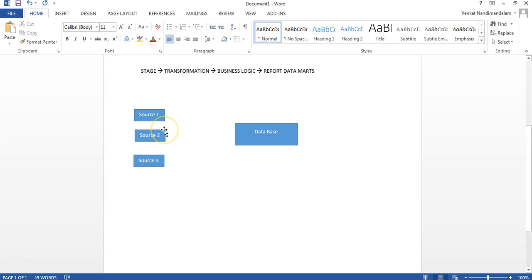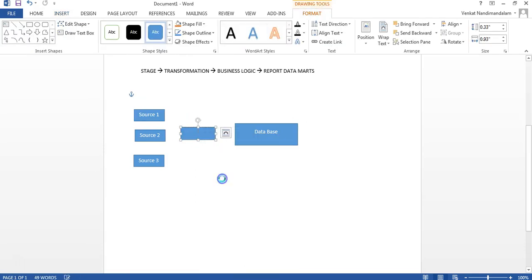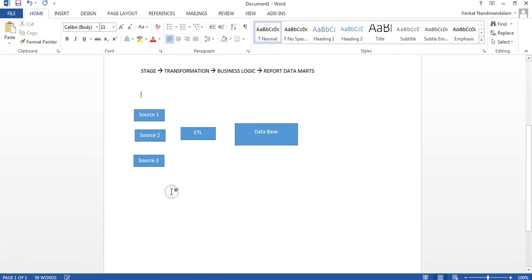And then when you are bringing data from different sources to your database, you need a tool using which you can load the data or move the data. So you need any of the ETL tools that you have in the market. ETL stands for extract, transform and load.